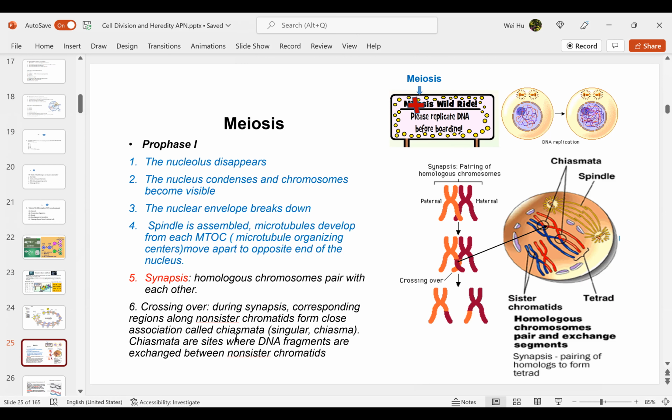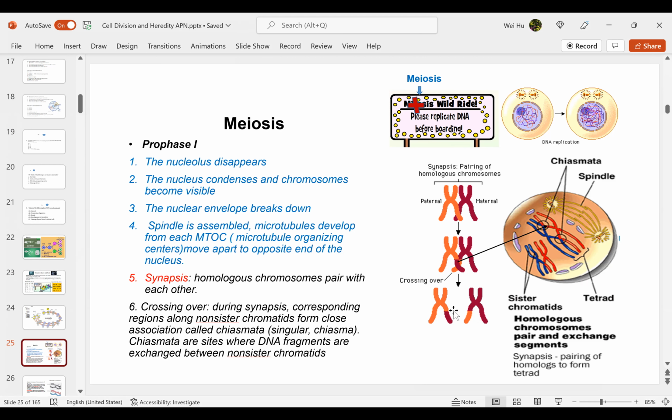This exchange point is called a chiasma. And in this area, your mom's chromosome contains your dad's piece, and your dad's contains your mom's piece. So that's the first time they become different, right?